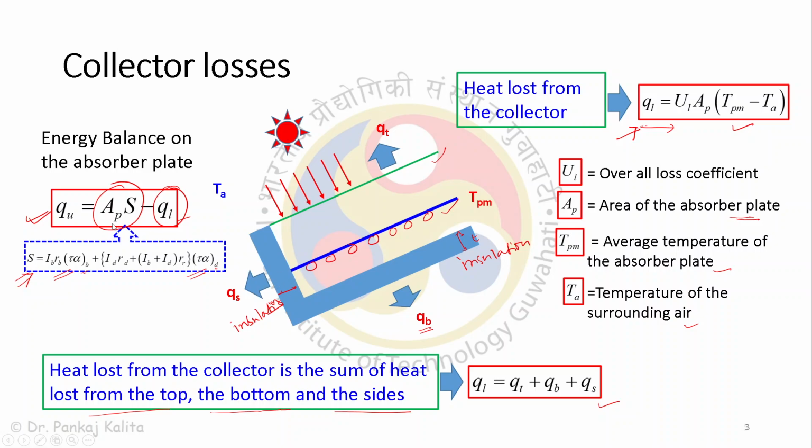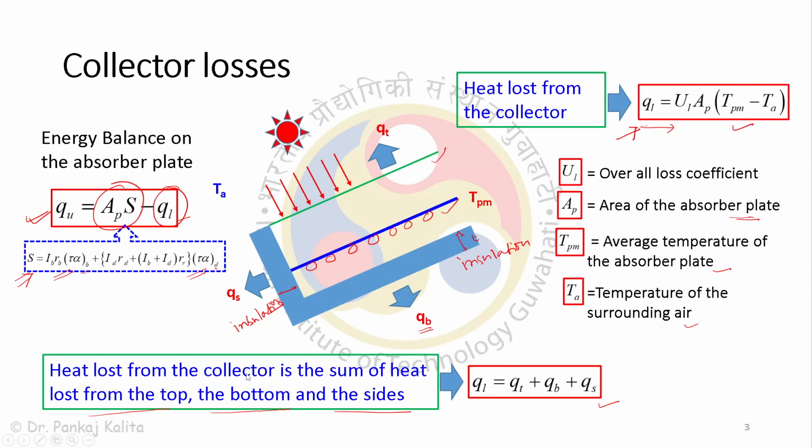It talks about the collector losses. Anything which you study in a mechanical or thermal system has to have an energy balance. Whatever energy is coming, some of it will be absorbed and the other energy will be lost. Whatever is coming can be represented from here, and whatever is lost can be obtained from this equation.